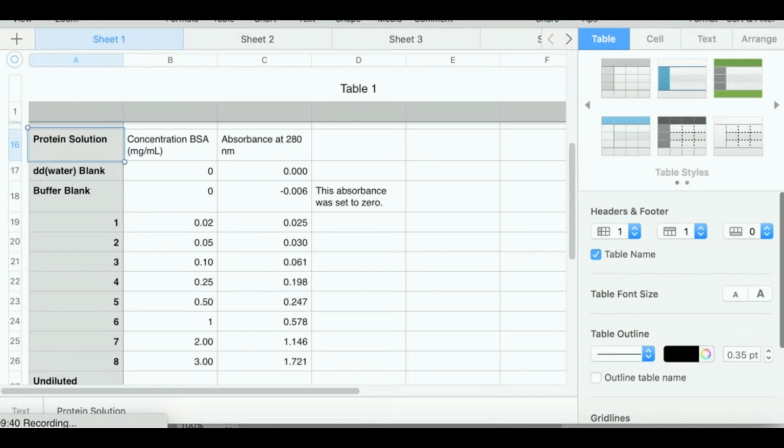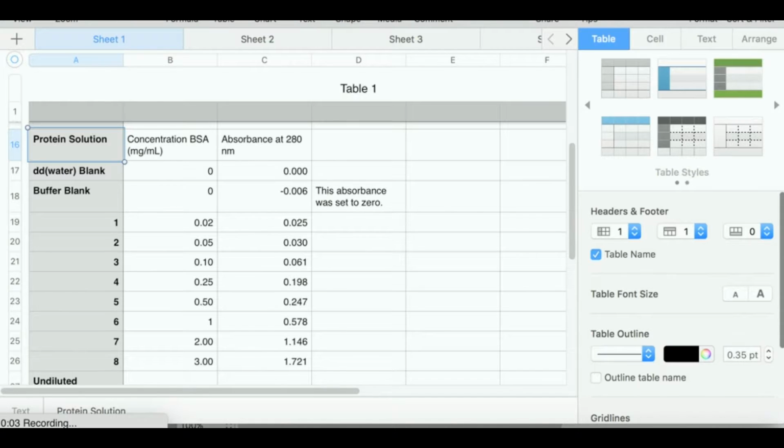Sometimes the buffer you use may have a little bit of absorbance. Sometimes there are things in the DI water or milli-Q water that absorb a little bit too. You need to account for that because you're not trying to measure things in the water. You're not trying to measure the buffer. You're trying to measure BSA, the protein.